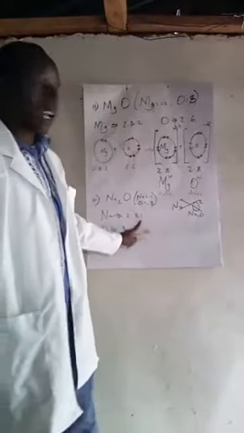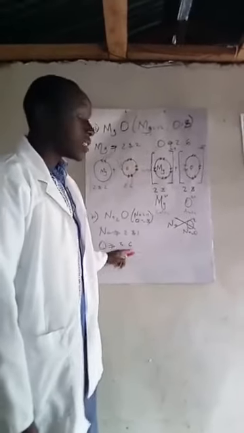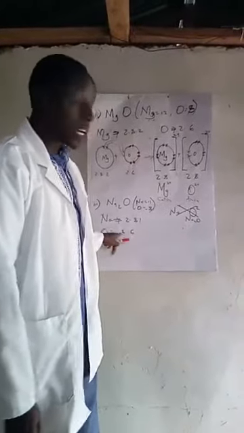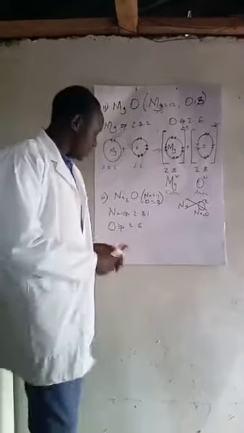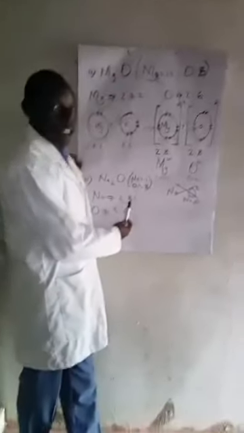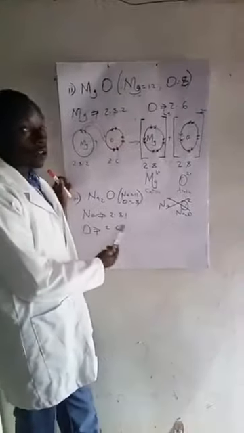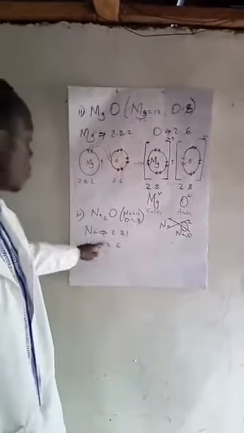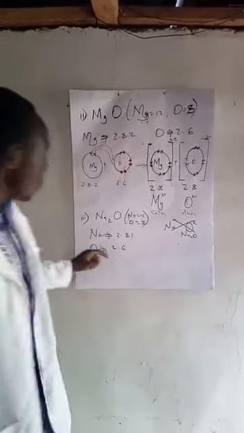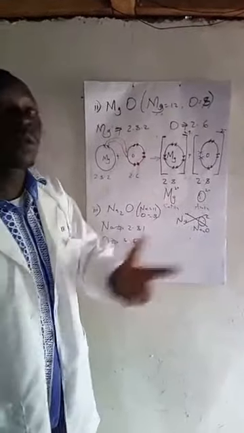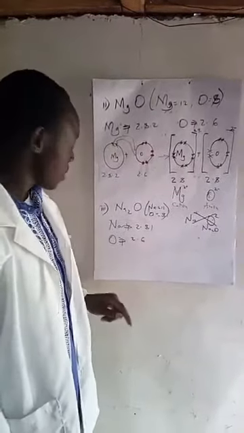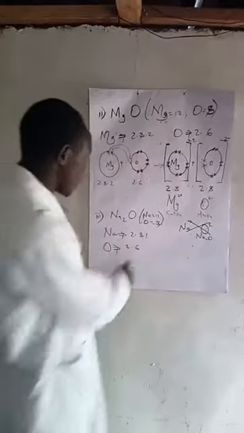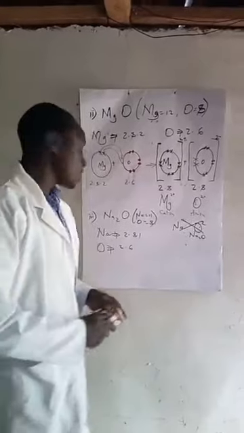Sodium loses 1, oxygen gains 2. That simply means for every 1 oxygen, you require 2 sodiums, because 1 sodium loses 1 and 1 oxygen gains 2.